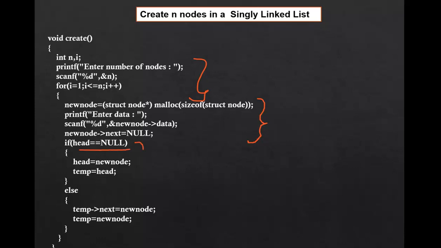So make the head point to the new node, and temp point to head. For the second node, this portion will not work. You have to execute the else part. So make temp's next point to the new node and then you create multiple nodes in a linked list. This is how you code the creation operation in a singly linked list.